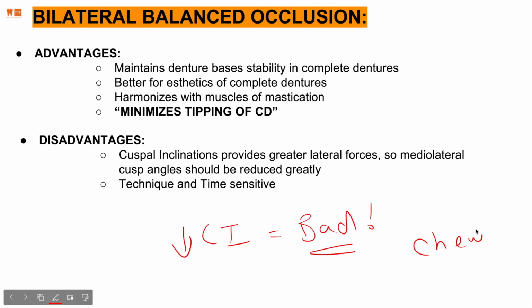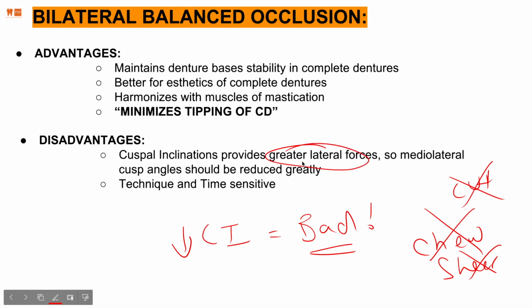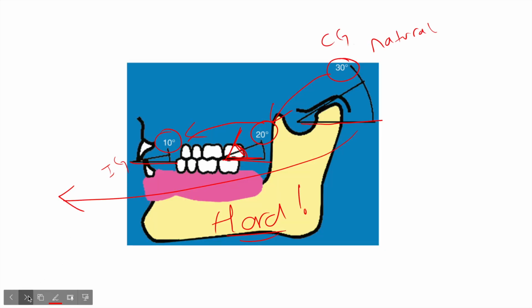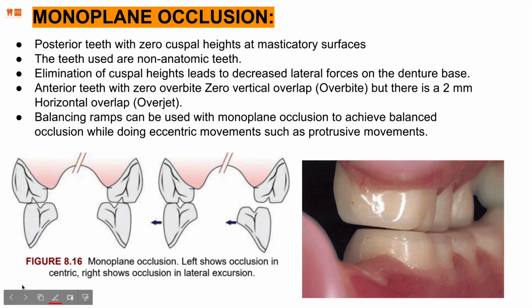It doesn't allow you to chew or shear or cut an apple, right? But it's really, really important so that horizontal forces are reduced and tipping of the CD is minimized. And that's why we call it balance, right? You take one, you give the other. You give one, you take the other.